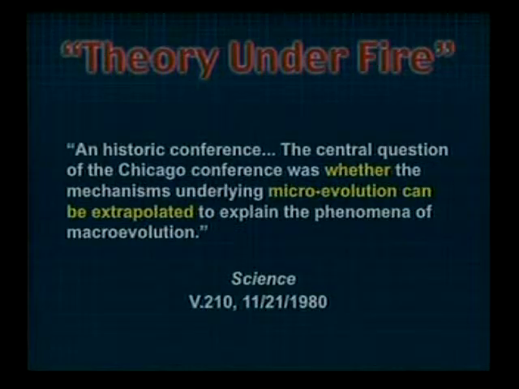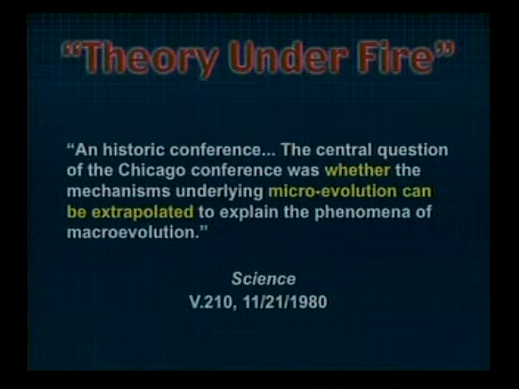This is beginning to be acknowledged. As far back as 1980, there was a very important conference that took place in Chicago to consider this problem, the fact that when we can test this, they don't add up. Reporting in Science, we read a historic conference.